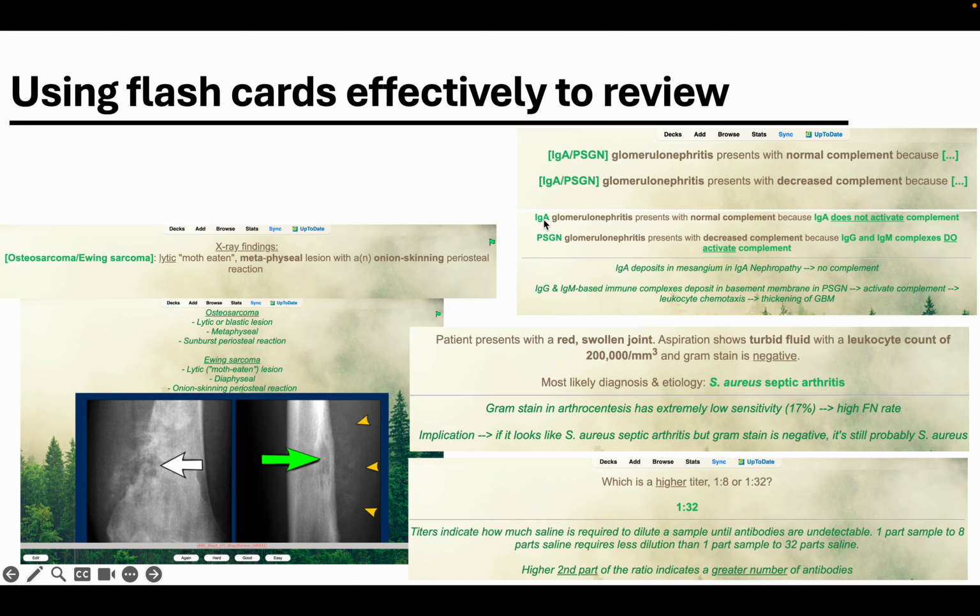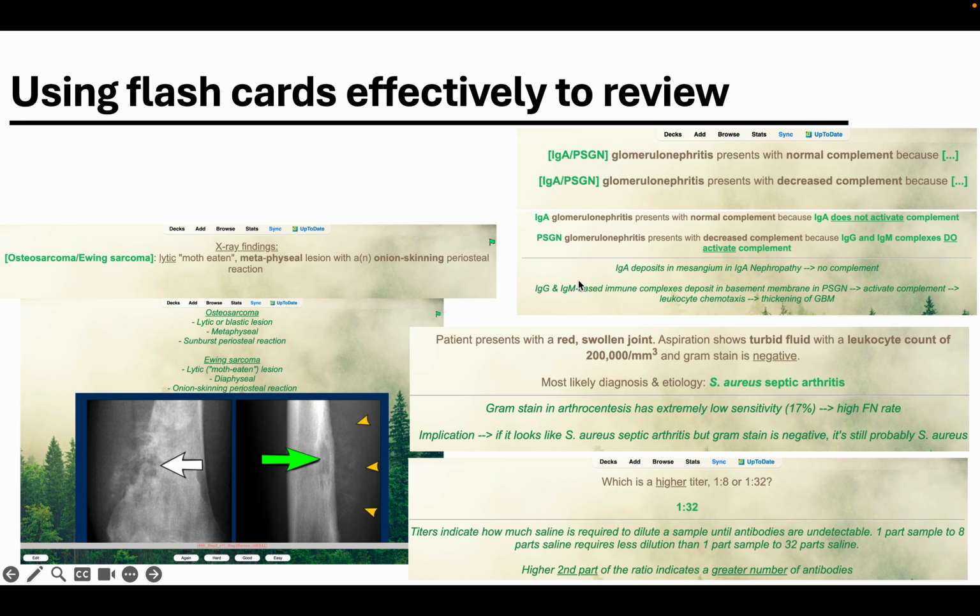And so I forced myself to review what I call the whole fact. Not just that IgA doesn't activate complement, but making sure I differentiate that IgA doesn't, but PSGN does. And then on the back side of the card, which you can see here, I also go through why. IgA doesn't activate IgG or IgM, so it doesn't activate complement, because we know that complement is mediated by IgG and IgM.